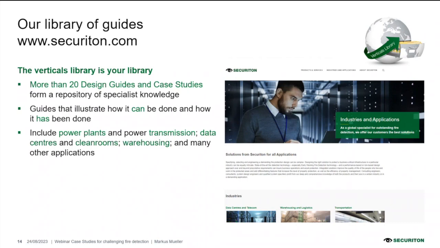Our guides, as we collectively call them, cover a wide range of industries and applications. They illustrate how design for special fire detection can be done and how it has been done. They can all be found on securiton.com, our homepage, and I will provide you with an easy-to-use QR code a little bit later.